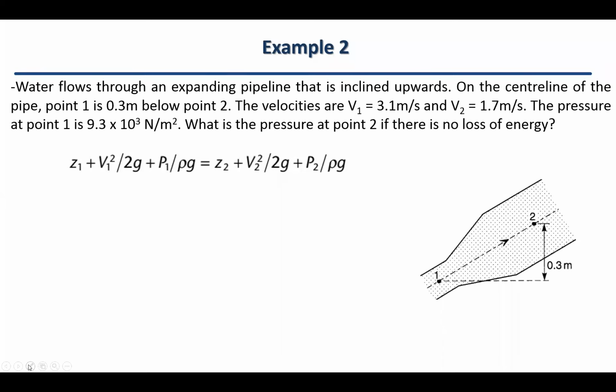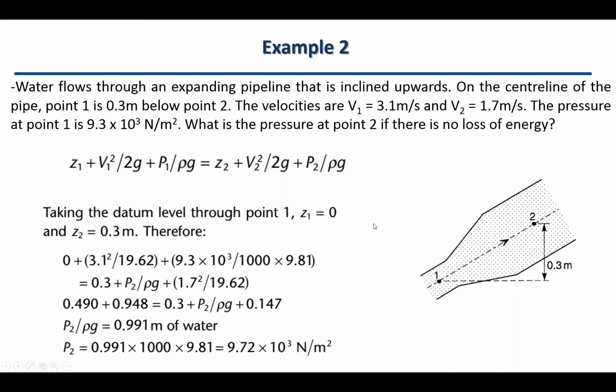We're just going to put everything here. You can see Z1 is 0, Z2 is 0.3 meters, and on the left-hand side V1 is 3.1 squared over 2g, which is 2 times 9.81, or you can sometimes just use this term, 19.62, plus P1. The pressure at this point is given as 9.3 thousand, divided by 1,000 for the rho of the water, times 9.81 for g.